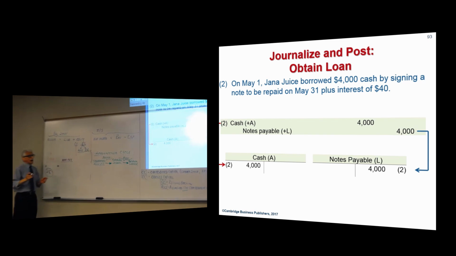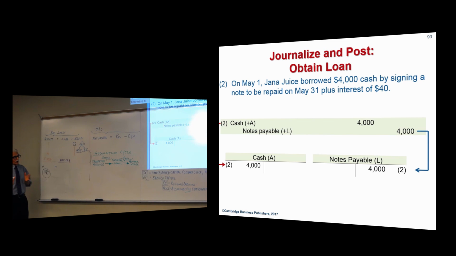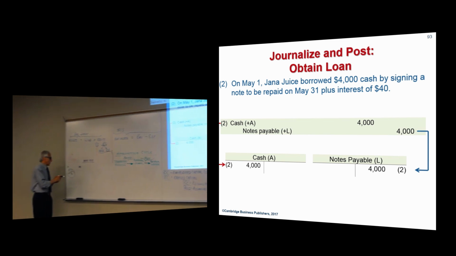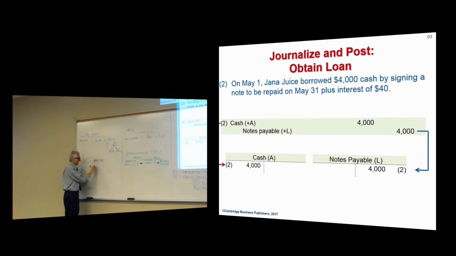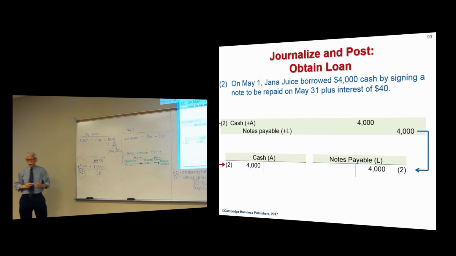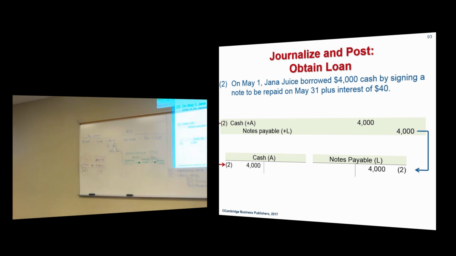If you're analyzing the transaction, this is the way you would analyze it. The transaction analysis says that I've got a liability of $4,000, so I increased notes payable, and then the asset cash increases. But now translating that to debits and credits, you're going to debit the asset cash, and of course credit the notes payable.